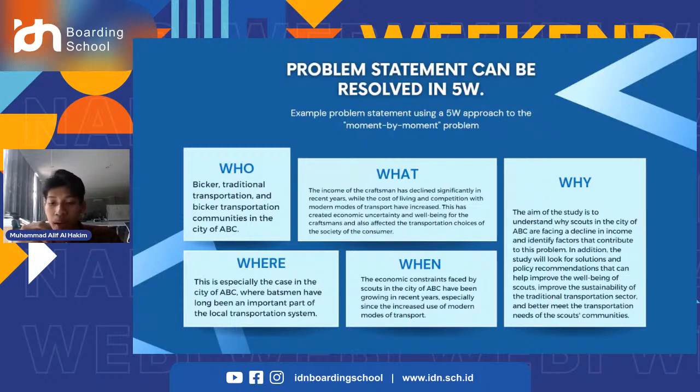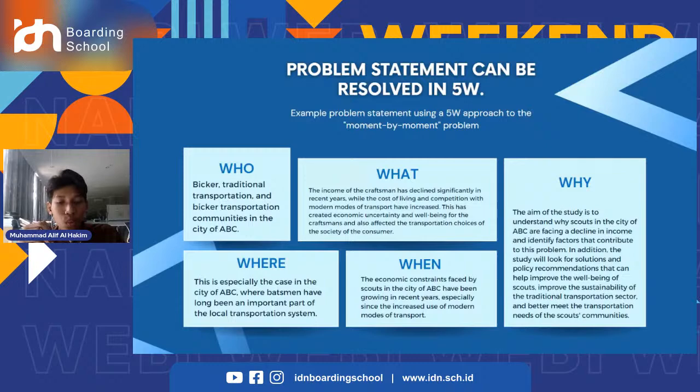The study will look for solutions and policy recommendations that can help improve the well-being of becak drivers, improve the sustainability of the traditional transportation sector, and better meet the transportation needs of the community. This is for the example of traditional transportation in 5 Why.